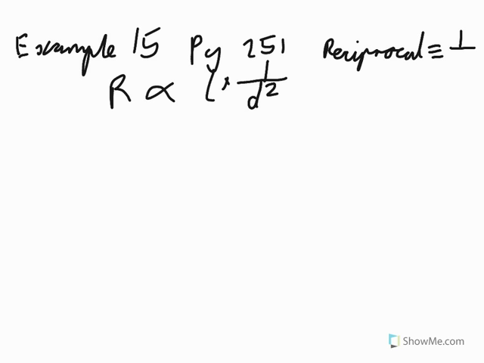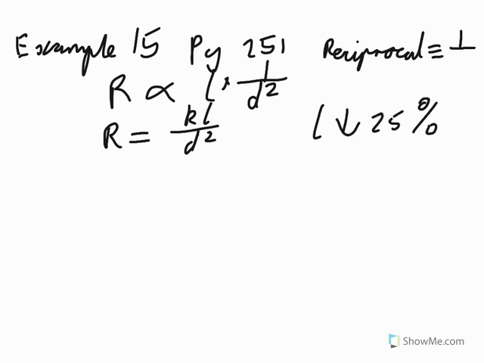Okay, so that then means that R equals KL over d squared is what we would get. Alright, so we're asked to find the percentage change in the resistance if the length is decreased, so L decreased by 25%, and the diameter is decreased.